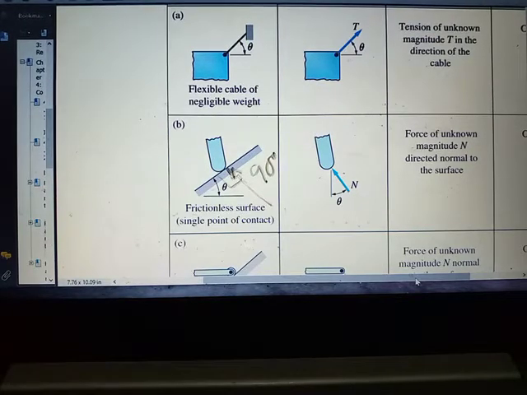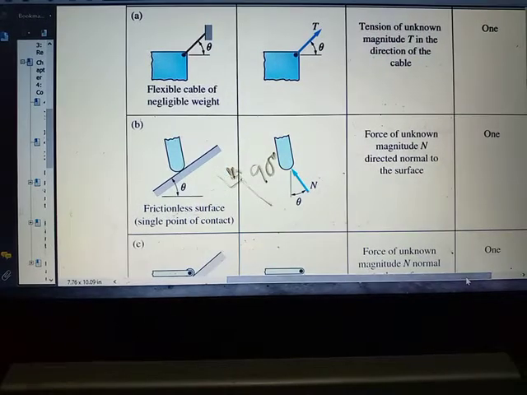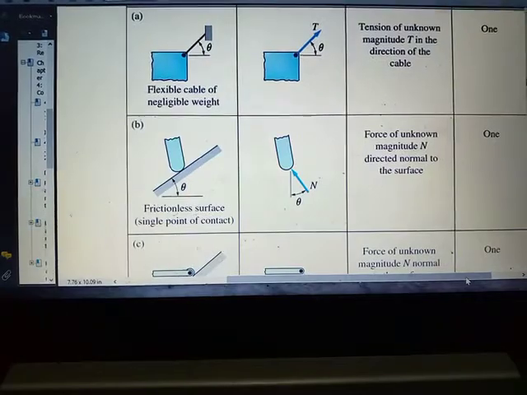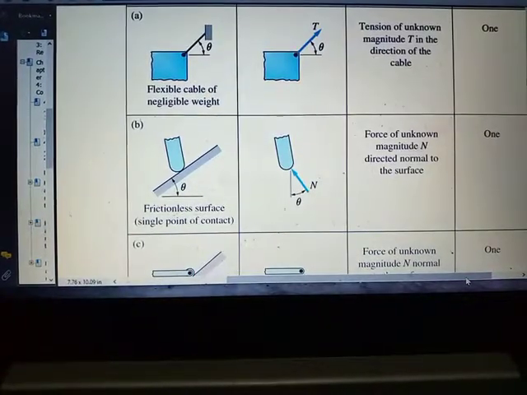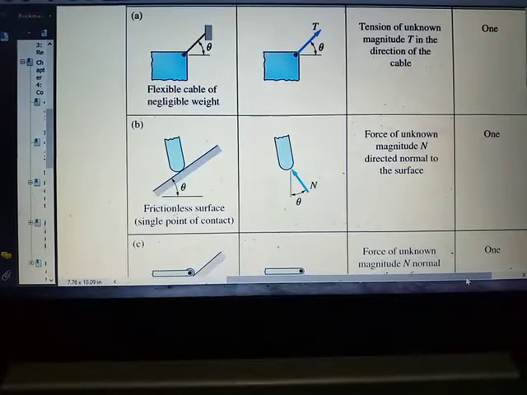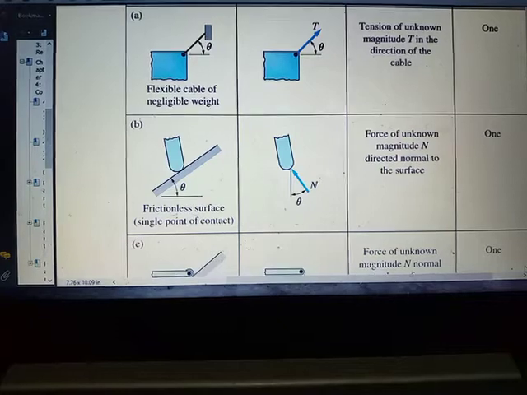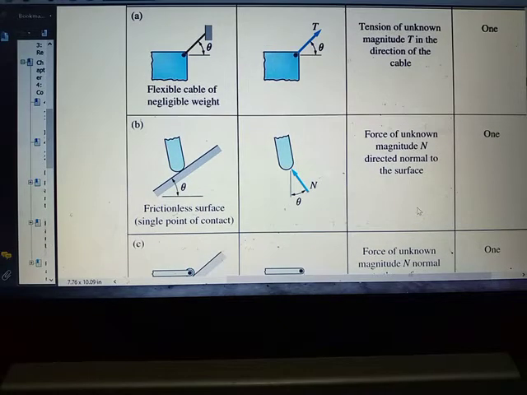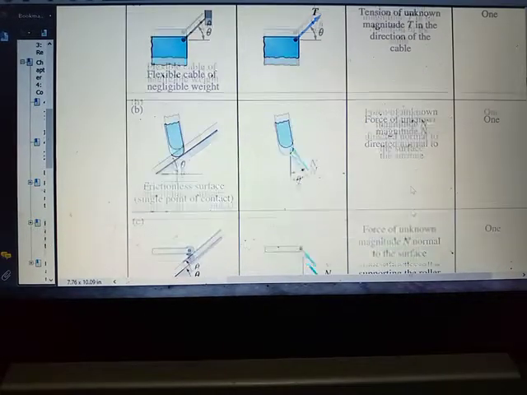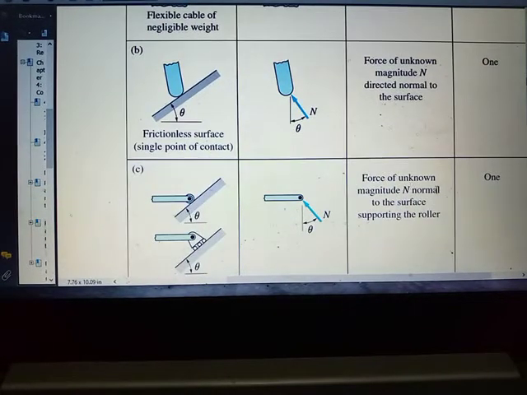Here we say normal force of unknown magnitude directed normal to the surface. Meron na tayong dalawa. Flexible cable with negligible weight and frictionless surface. What about this? Force of unknown magnitude and normal to the surface.